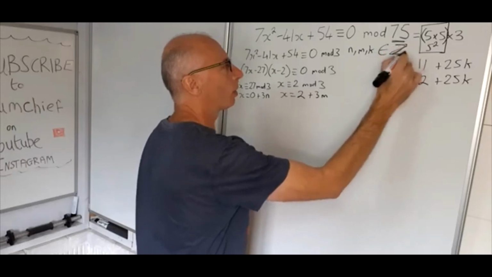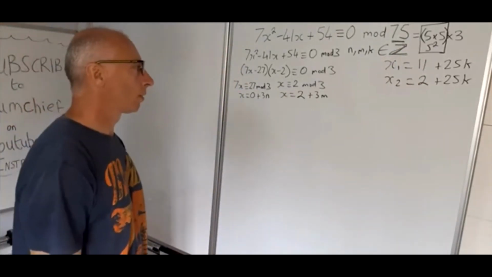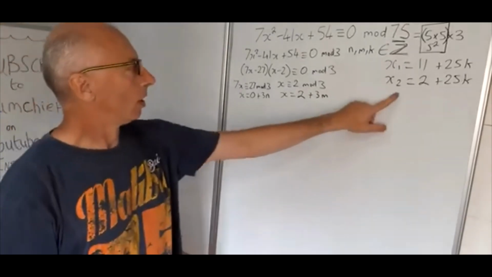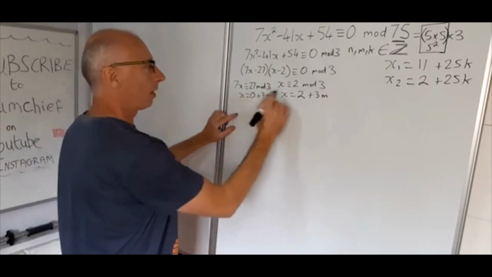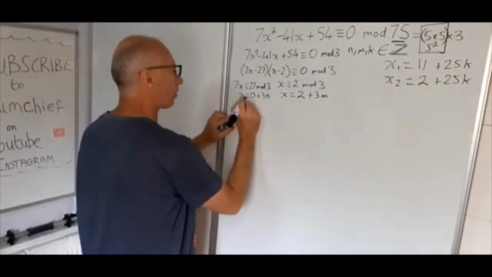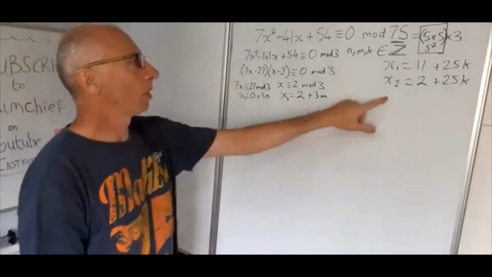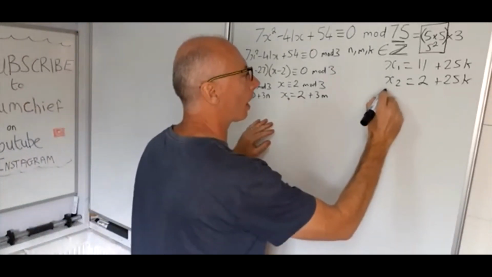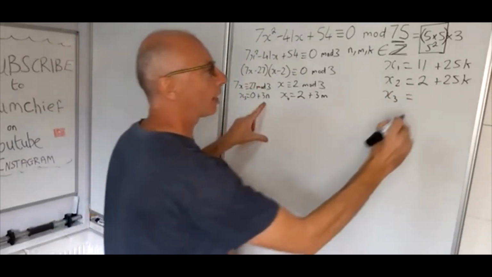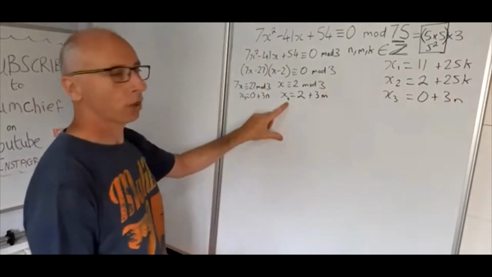So we're always dealing with whole numbers in doing modulos and congruences. Okay, so now we've got this value here, this one here, this one here, this one here. So we'll call this x3, we call this x4. So let's write these up over here. So now x3 is 0 plus 3n, x4 is 2 plus 3m.